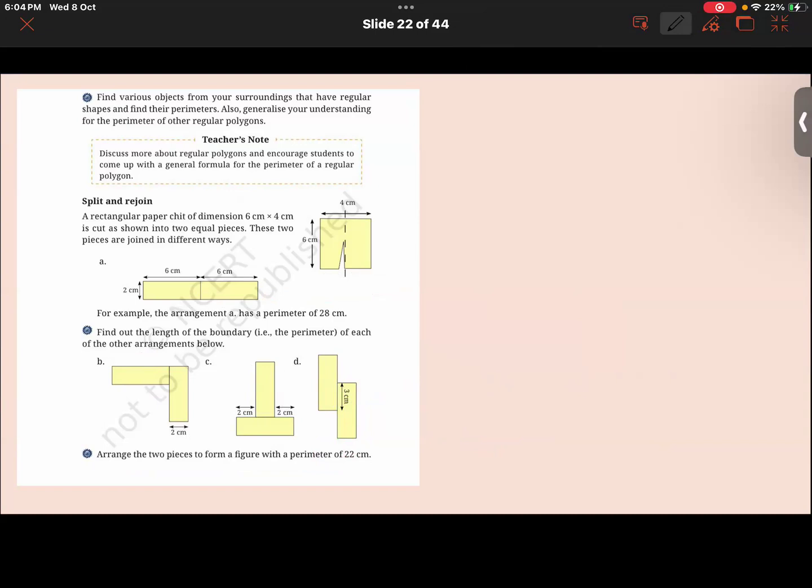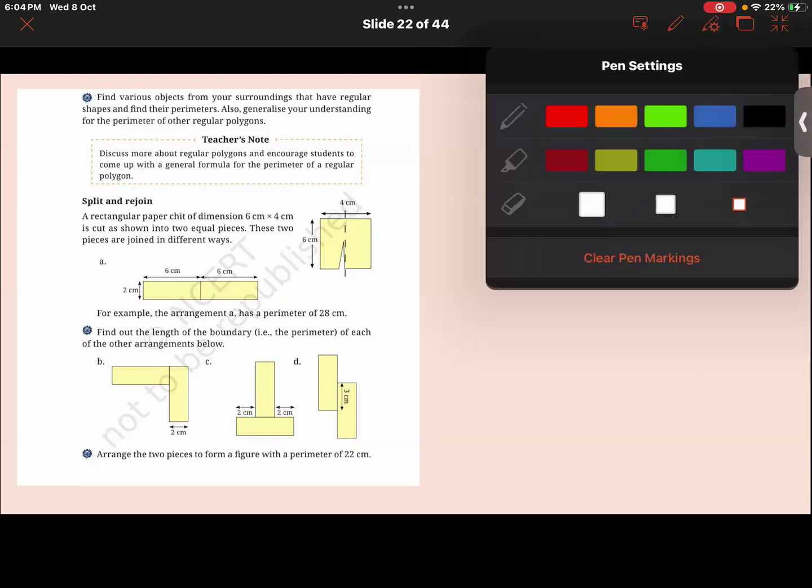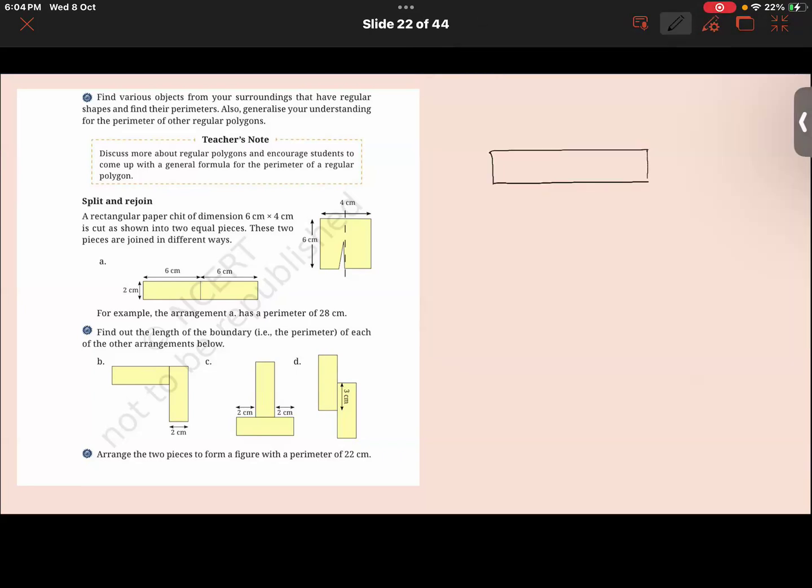Arrange the two pieces to form a figure with a perimeter. 5, 5, 2.